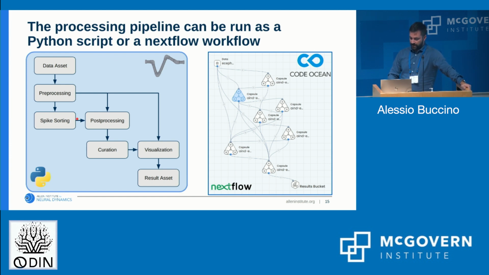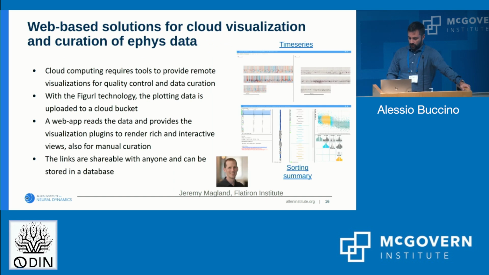One problem that we faced and tried to solve, again, in collaboration with the Flatiron Institute and Jeremy, is visualization. If everything runs in the cloud, how do we provide powerful and interactive visualization? So we collaborated with Jeremy and co-developed this. Jeremy developed the technology, and we helped in designing these views.